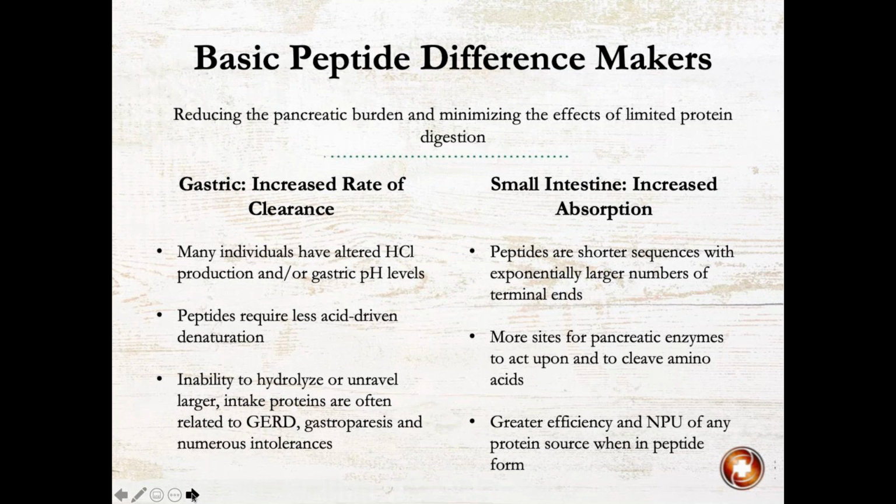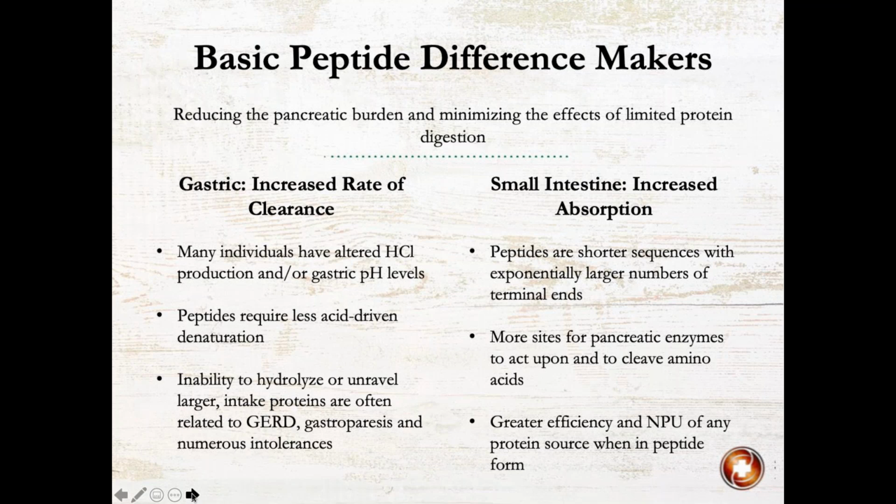Number one is it requires significant hydrochloric acid to unravel those intact proteins, that hydrolysis type reaction. That takes time, and we're not really afforded that time with the typical transit time, the typical amount of time we want food to spend in the stomach. So for patients and individuals who have compromised hydrochloric acid production, either due to polypharmacy, we know that certain medications, especially when presented in combination, can really take their toll on hydrochloric acid production.